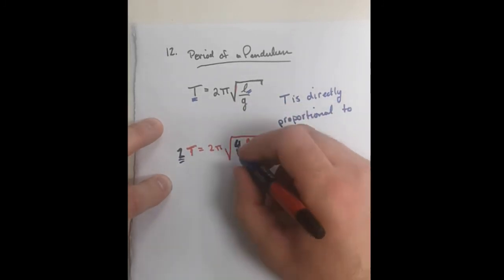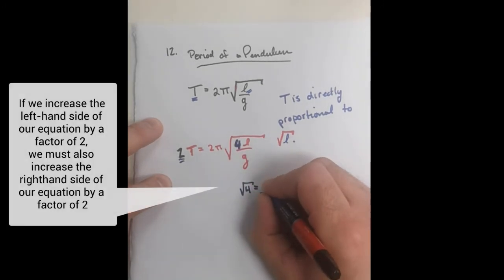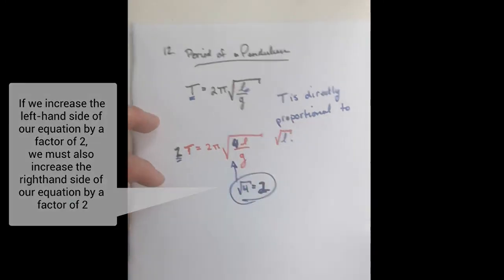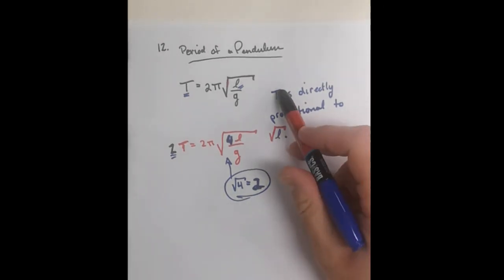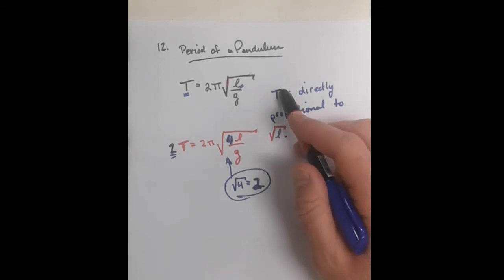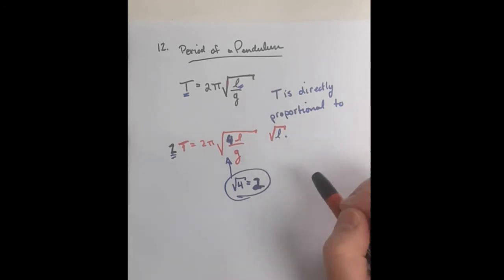The answer is 4, because the square root of 4 is equal to, you guessed it, 2. So because period is directly proportional to the square root of the length, in order to double the period, we would have to increase the length by a factor of 4. To halve the period, we would have to decrease the length by a factor of 4.